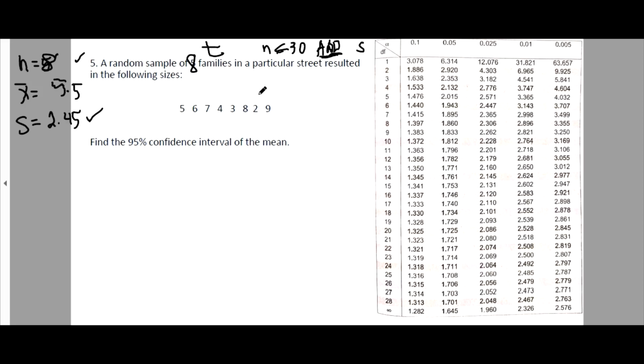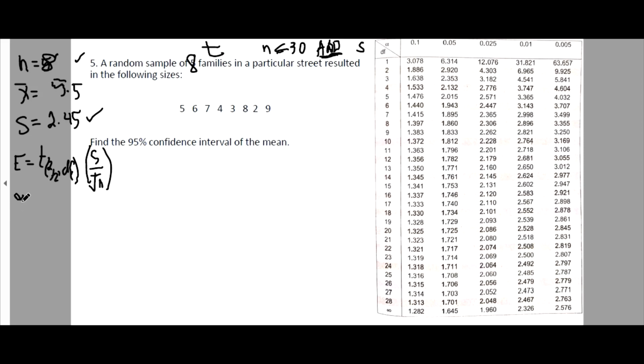Okay. So let's first compute for our E. So our E looks like this. T sub alpha over 2, comma, the degrees of freedom, times the s, or sample standard deviation, divided by the square root of n. So what is our alpha?